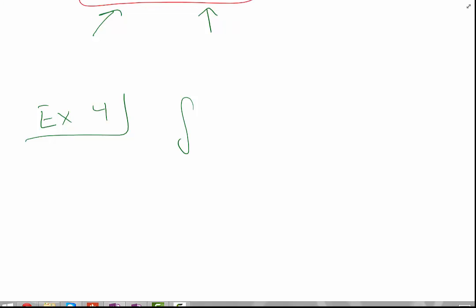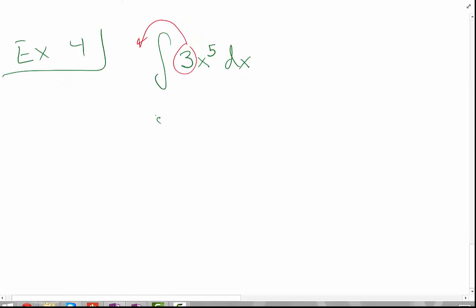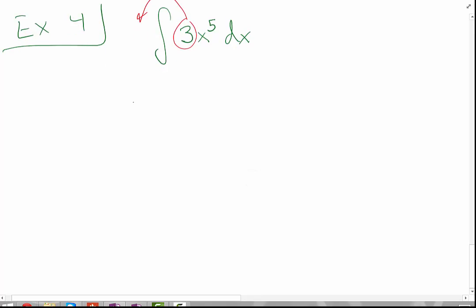So the integral of, say, 3x to the 5th power dx. Now we're going to apply that anti-power rule. First we'll apply the constant rule, and I'll take that constant out. We'll have 3 times the integral of x to the 5th dx.